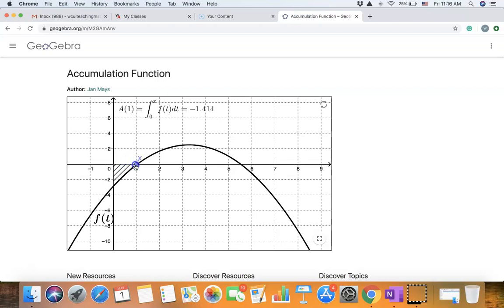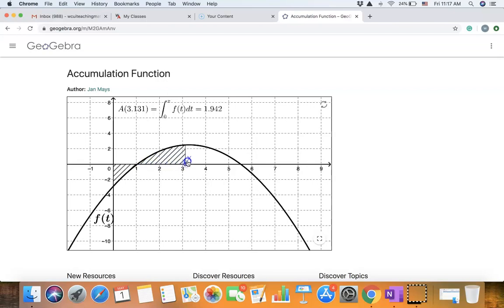Once x passes this point 1, we start getting positive areas. So the function value starts increasing and increasing.